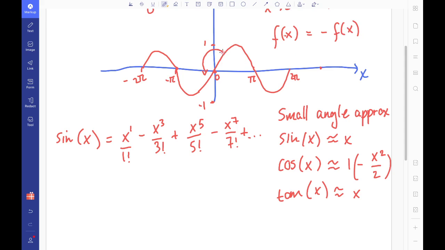Which means that if you take an x here, then f of minus x, so minus x is here, is actually the negative of f of x. So this is f of minus x, and this is f of x here. You can see that that's true for the case of sine. So sine of x is equal to the negative of sine of minus x. Okay, so sine is an odd function.